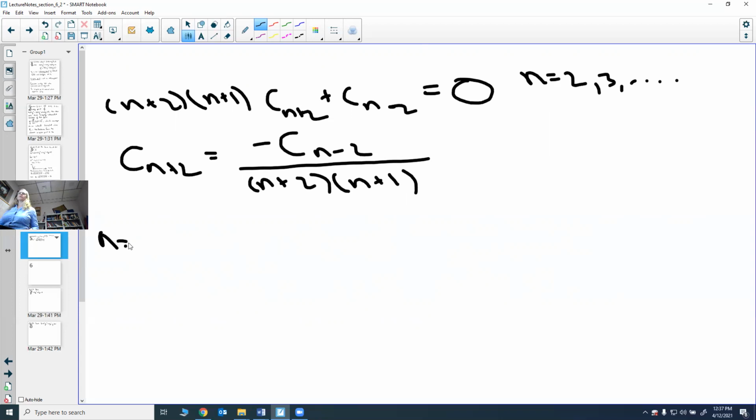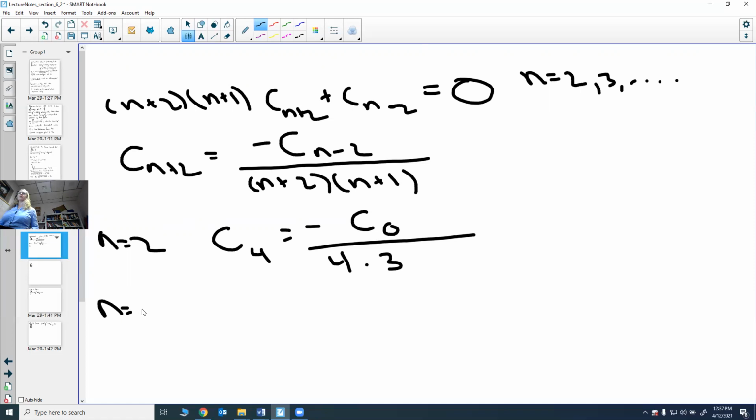So if n equals 2, that would be c sub 4. It's going to be minus c sub 2 minus 2, which is c sub 0, over 2 plus 2, which is 4, times 2 plus 1, which is 3. So we get that. n equals 3 gives me c sub 5.